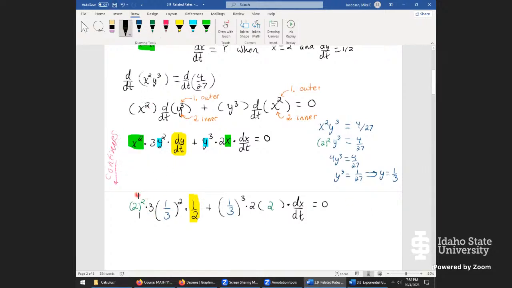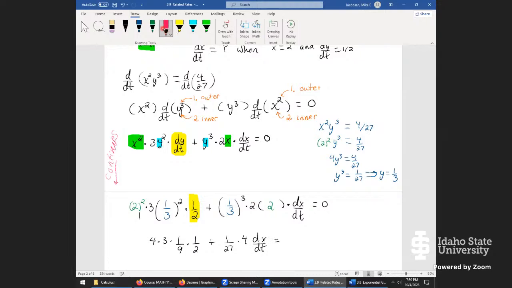At this stage, it's just cranking it out. This is going to be 4 times 3 times a 9th. I'm going to write this as 4 times 3 times 1/9 times 1/2. Over here, we have a 27 times through here, we have a 4. And then dx dt.